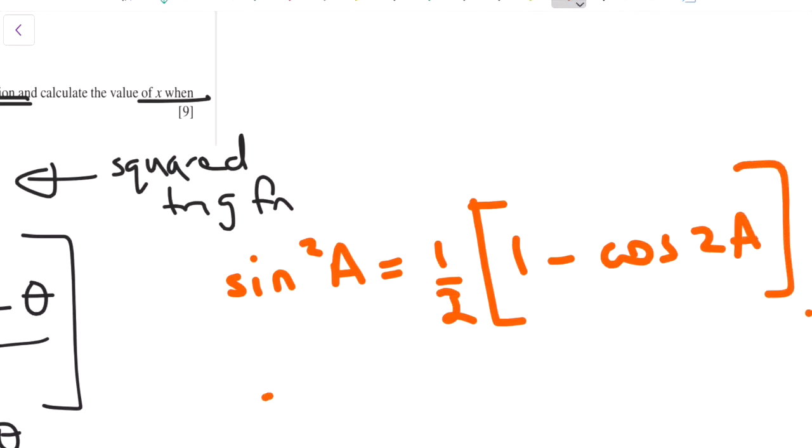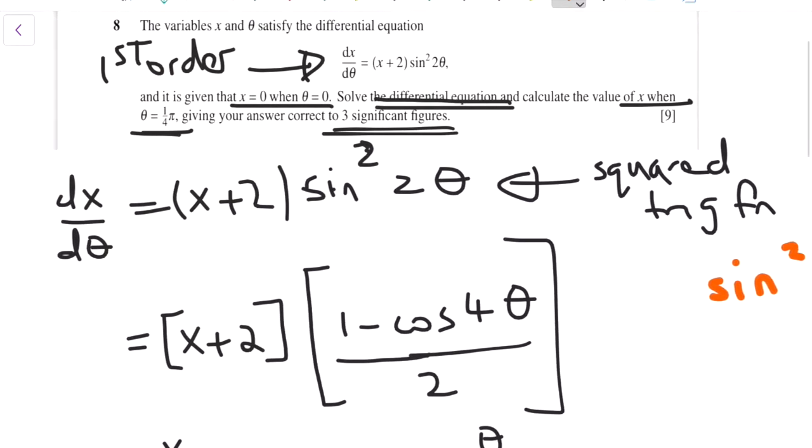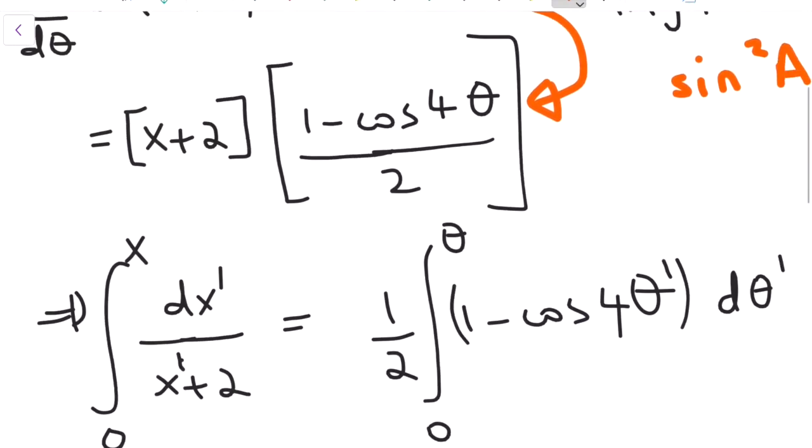Using that identity, we plug that in for sine squared 2θ, so we get (1 minus cos 4θ) over 2. So that's this term right here. So dx/dθ is (x plus 2) times (1 minus cos 4θ) divided by 2. So now we integrate by separating variables.